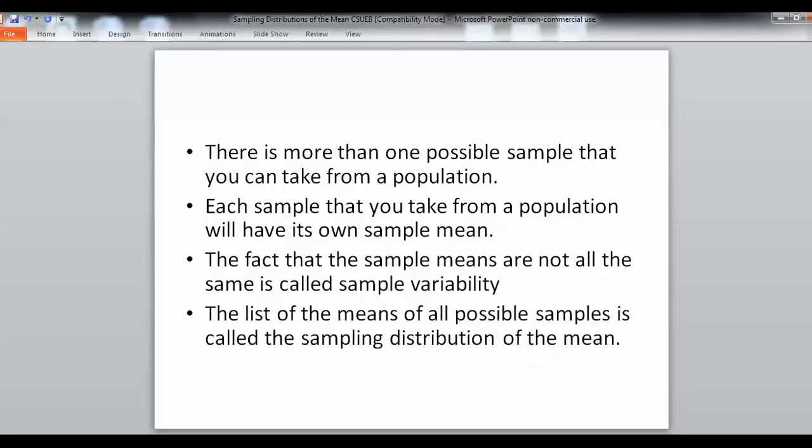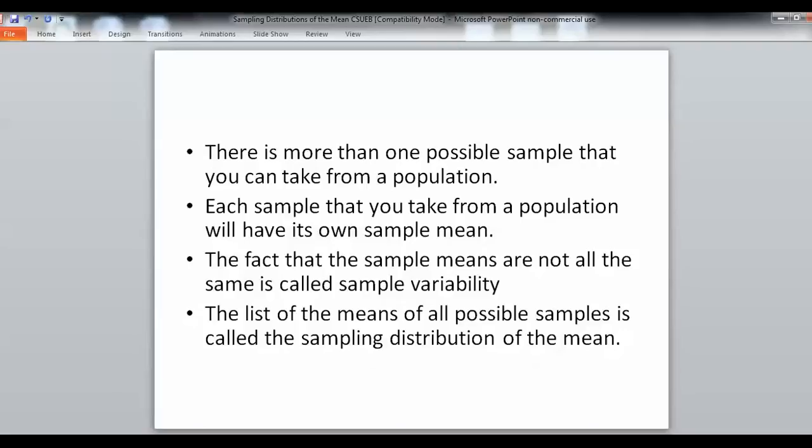If another researcher goes to that university and recruits his or her own group of 50 people, as long as that group of 50 people isn't the same exact group of 50 people that I recruited, meaning as long as there's at least one person in the other researcher's sample that isn't in my sample, then the other researcher's sample would be considered a different sample of the population than my sample.